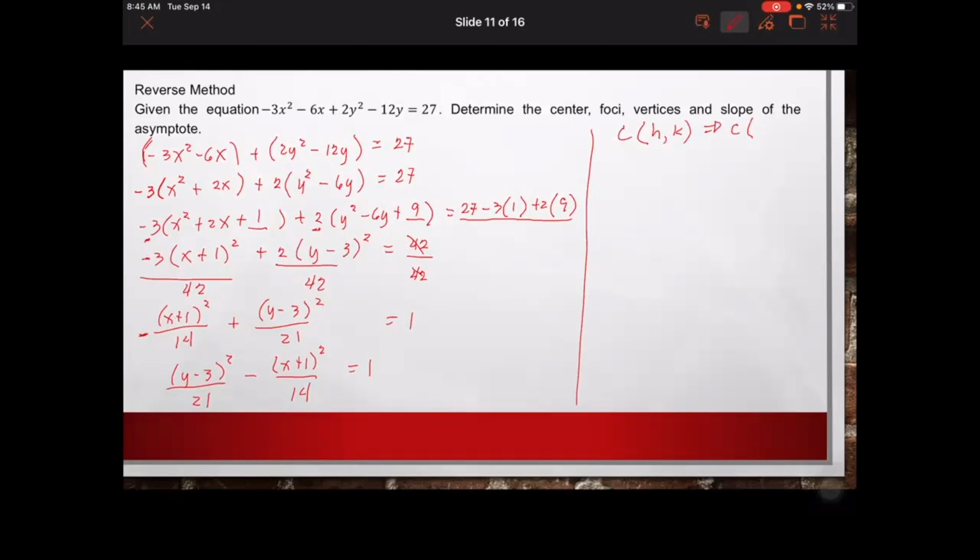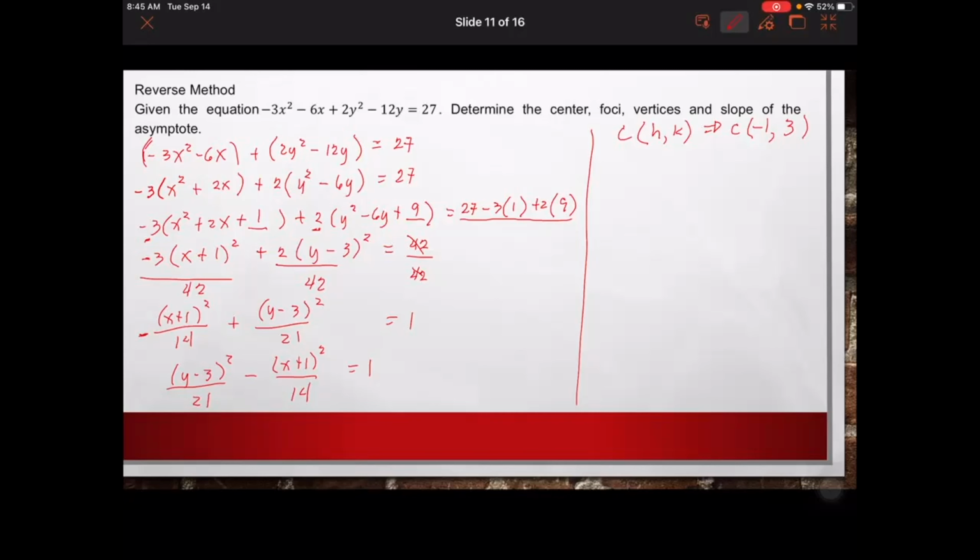So this is negative 1 and 3. That's your (h, k). They are opposite in sign; the h always goes with x. So that's why we have negative 1 and 3.